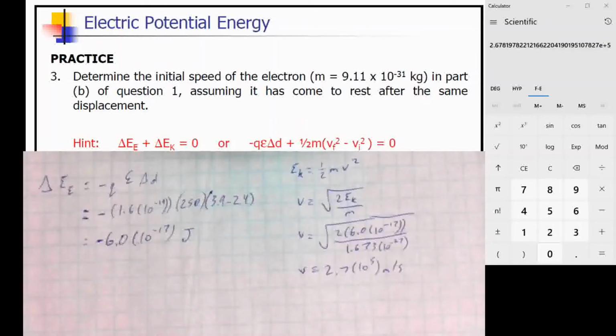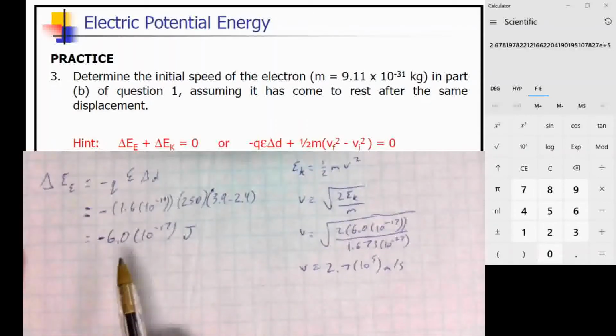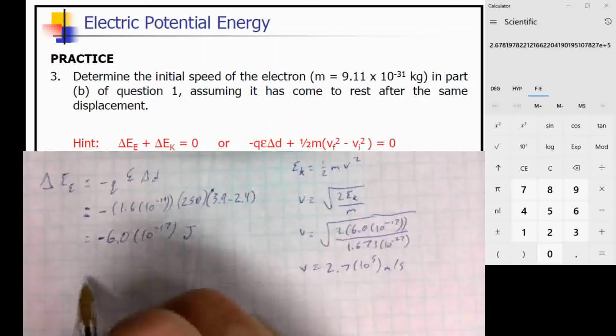So one other question before we finish off, and this says determine the initial speed of the electron, assuming the electron comes to rest after the same displacement.